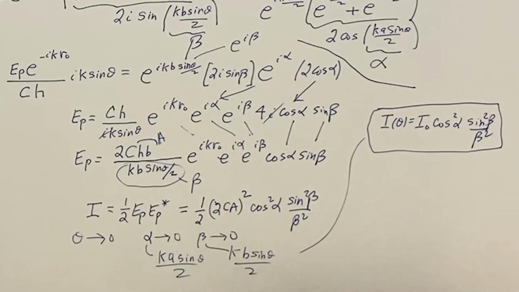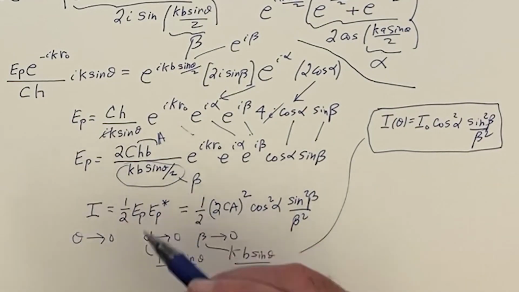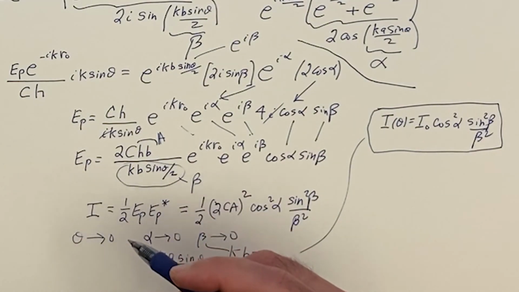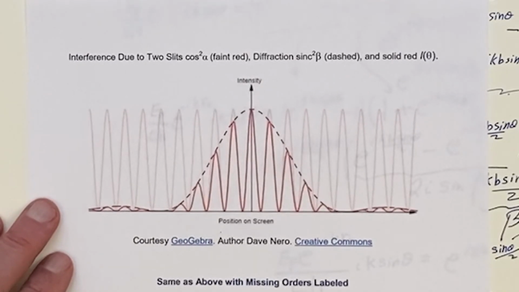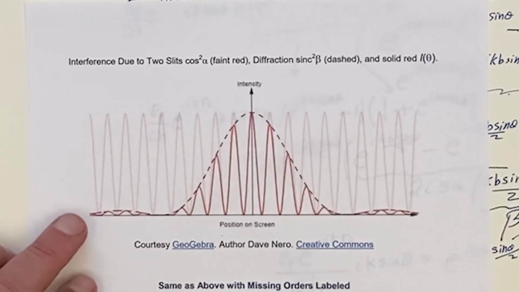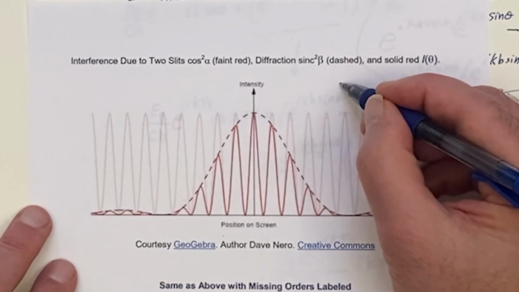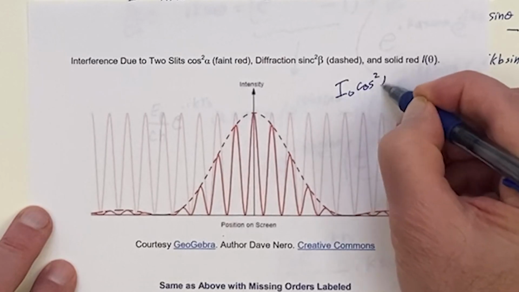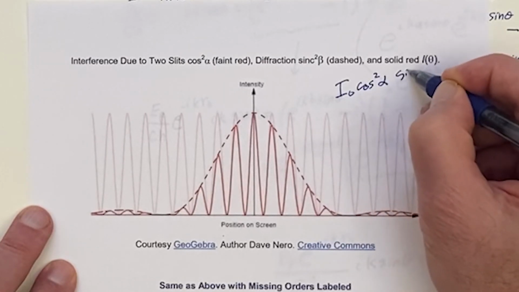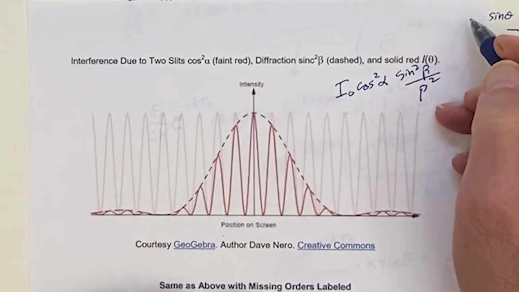When you get both, you get factors here. When you did your single slit, you had interference effects with the baby waves. So now let's look at this beautiful equation here. We're trying to understand the I naught, the cosine squared alpha, the sine squared beta over beta squared. So let's look at this.